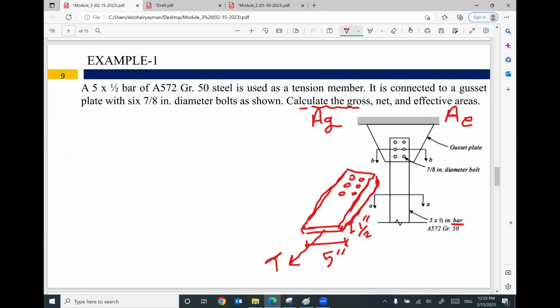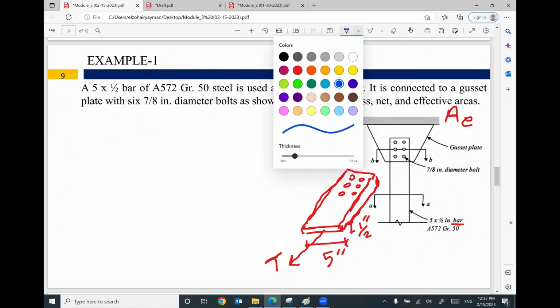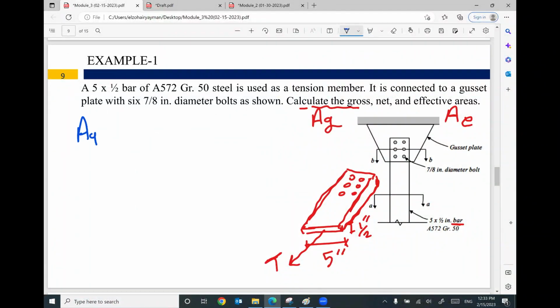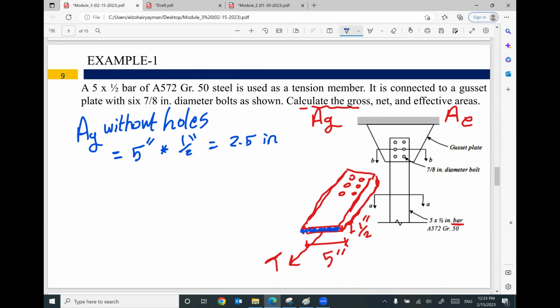Can you tell me what the area gross is? Area gross without holes means this area, equal to 5 inches times thickness 1/2 inch, equals 2.5 square inches.